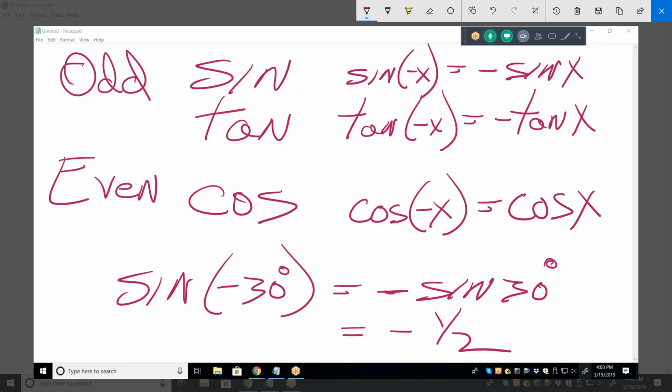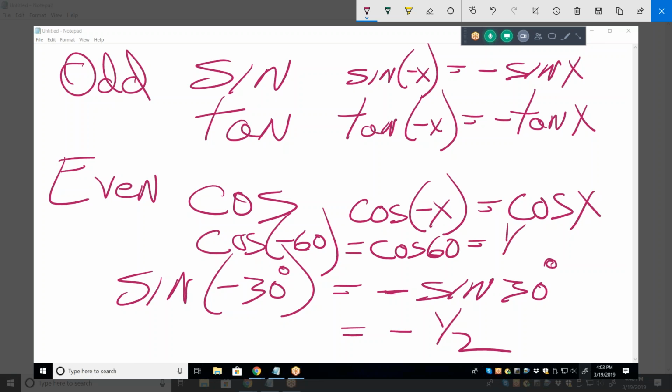If I say, what's the cosine of minus 60? Well, I could go through all the difficult things to translate that to an angle in the first quadrant, or rather in the unit circle, but I don't need to. I know that that's the same as the cosine of 60, and that's 1/2.